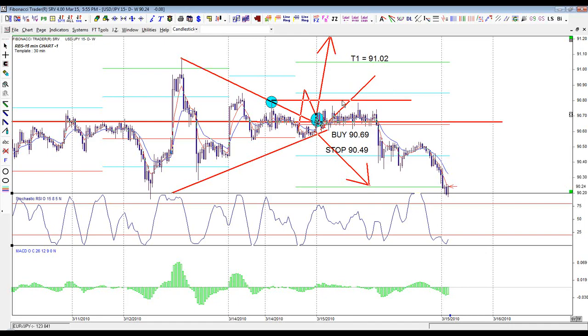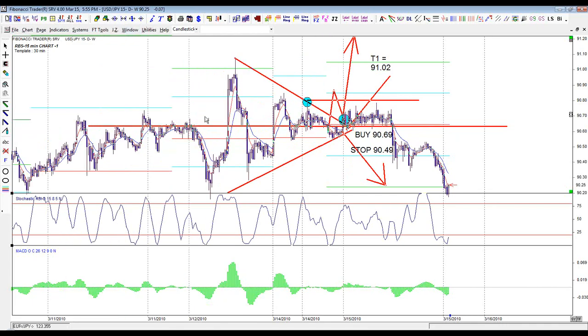So if you see the numbers, you can do two things. You can either enter as soon as you can, place your stop below or above the middle part of the pennant. I always draw a line that's kind of in the middle of the pennant.